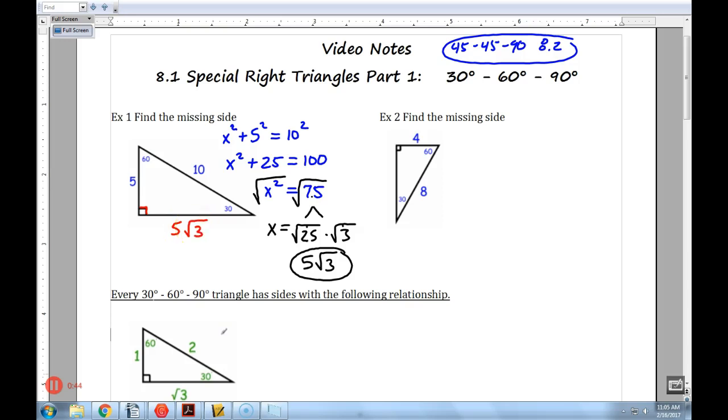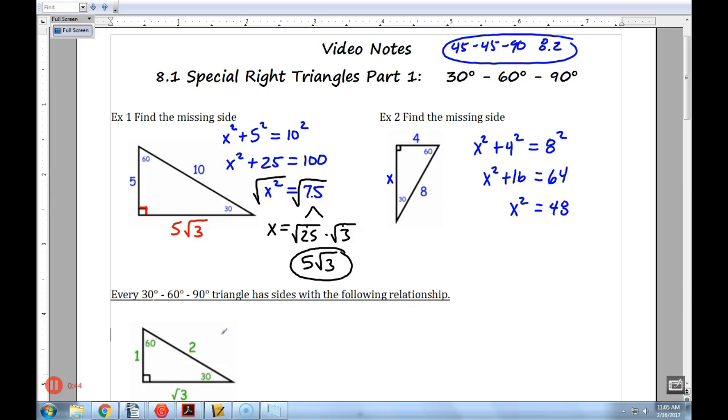Alright, now I'm going to do this again for the second problem over here. And in this problem, we're going to call this side x. And we start off solving it. So leg squared plus leg squared equals hypotenuse squared. So x squared plus 16 is 64. Subtract 16 from both sides and I get 48.